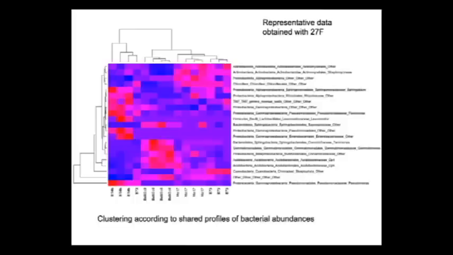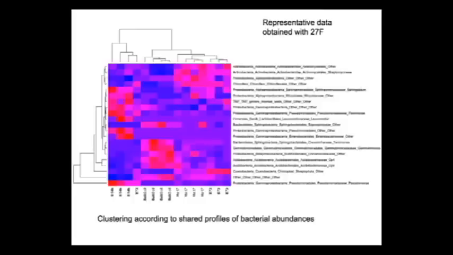Another way of doing this is to look at the abundances of particular taxa that we've detected. So here, data for 27 forward, you're looking at a heat map, if you will, of abundances of these different types of bacteria in the different samples. And now the samples are clustered based on whether or not they have similar profiles.